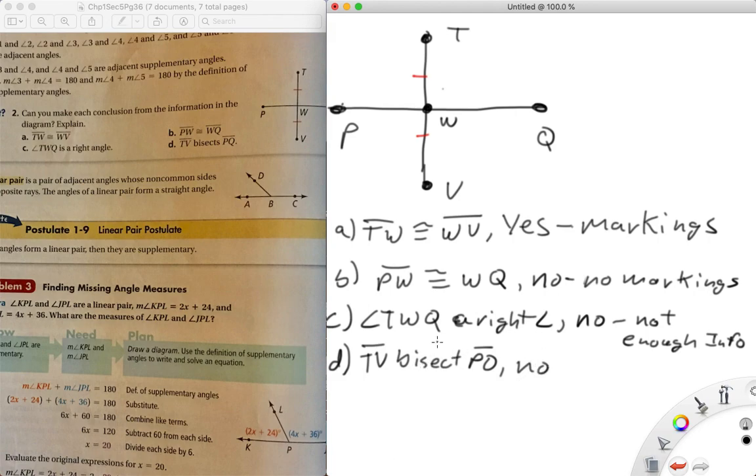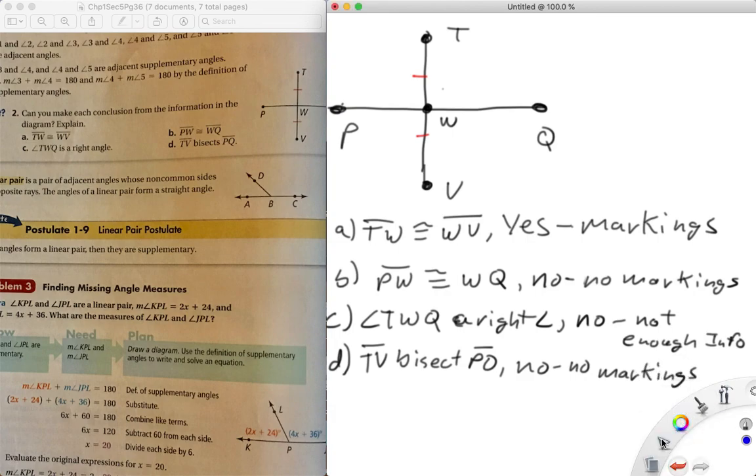It means to cut in half. So they're telling me that TV is cutting PQ in half, bisecting PQ. And again, I don't have enough information. So I don't have any markings.